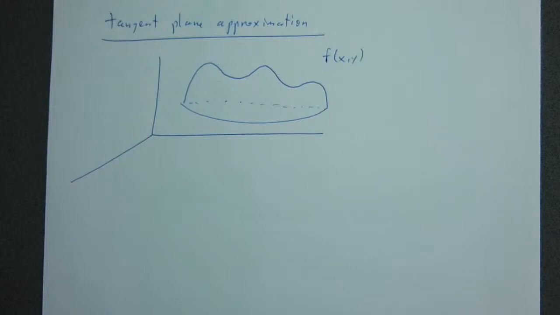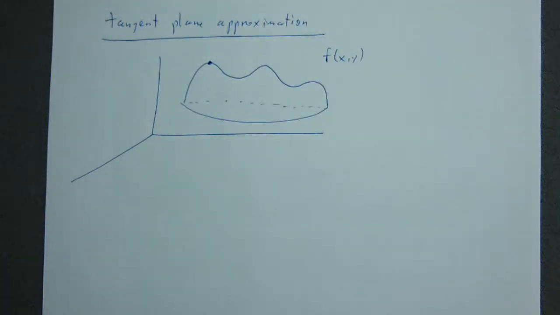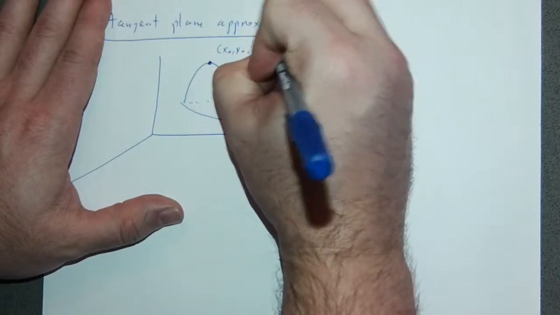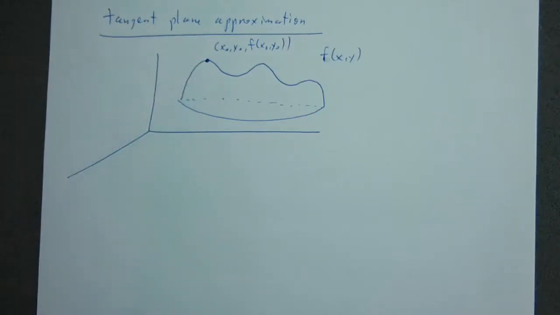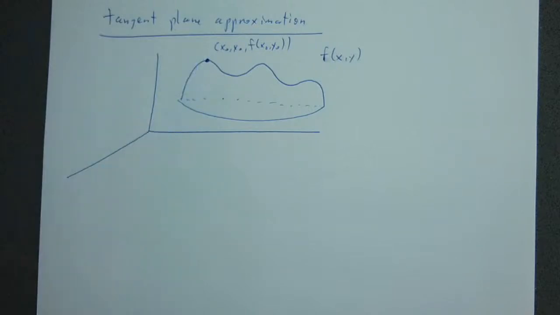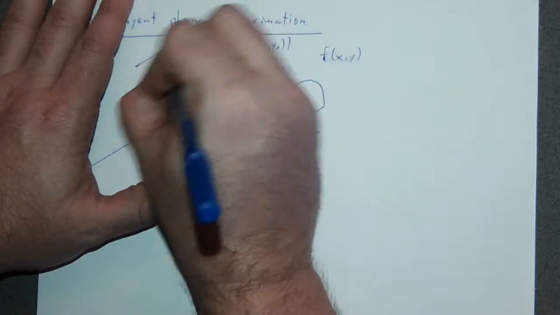And the idea is that near some point, this point x naught, y naught, f of x naught, y naught, I can already tell there is a plane that approximates the value of this function so long as I stay near this point. So it will approximate the value of the function near that point. And that plane is, of course, the tangent plane.